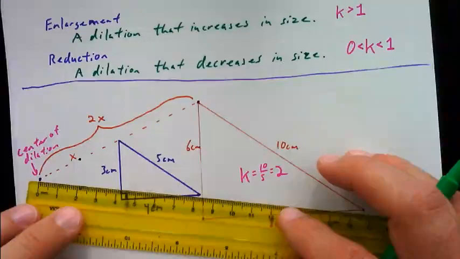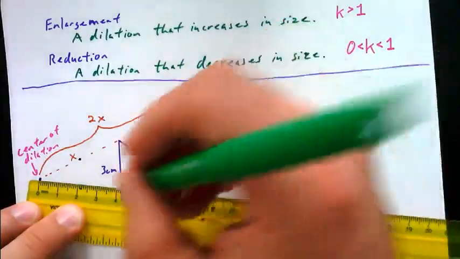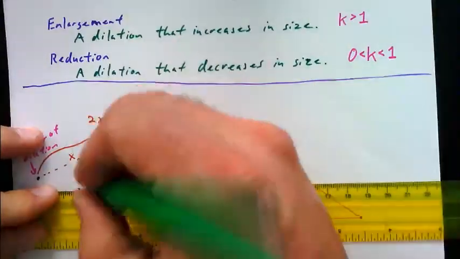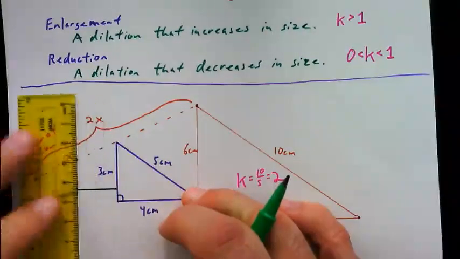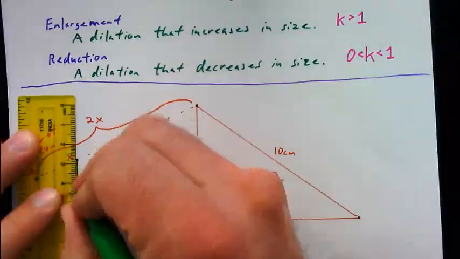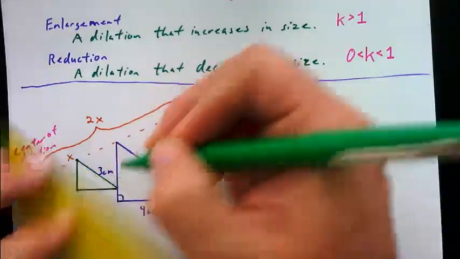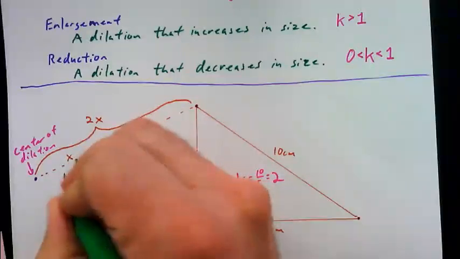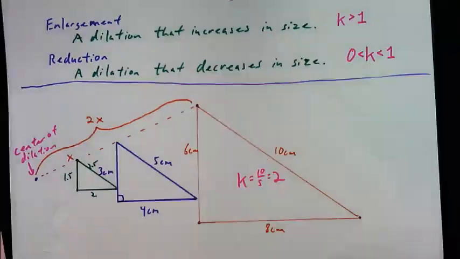If we went to this one, which I said earlier was at 8.3, that would be at 4.15. And my triangle would look like this. But again, they have to be lined up like that in order for this to work. So again, 1.5, this would be 2.5, and this would be 2.